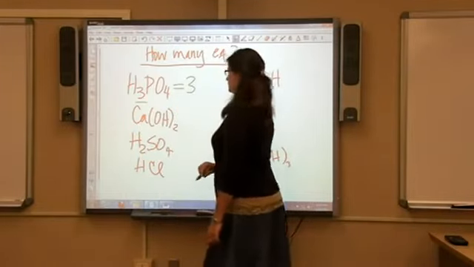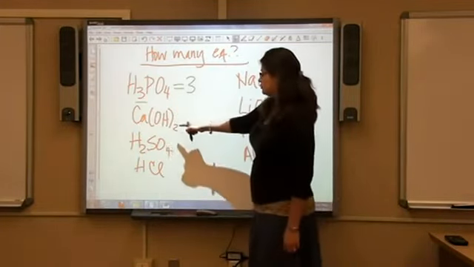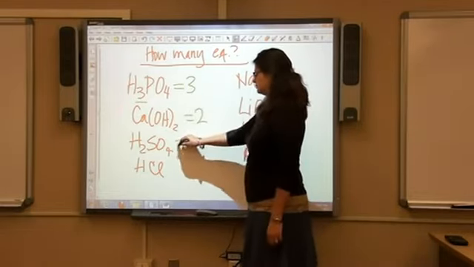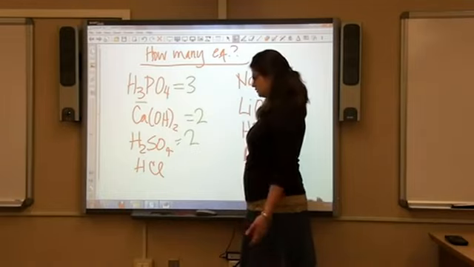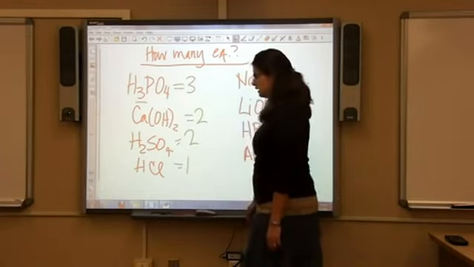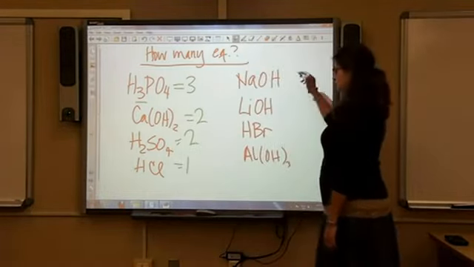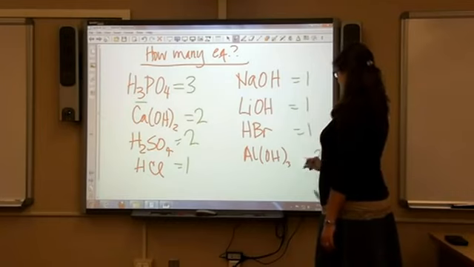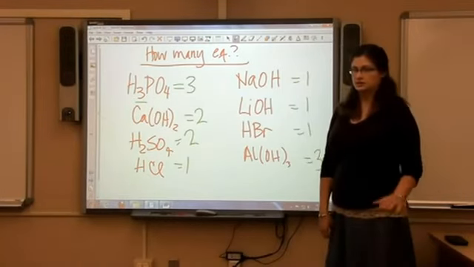That means we have 3 equivalents. Here we have a base with 2 OH's, 2 equivalents. 2 H's, 2 equivalents. 1 H, 1 equivalent. You find these numbers of equivalents. It's as easy as that.